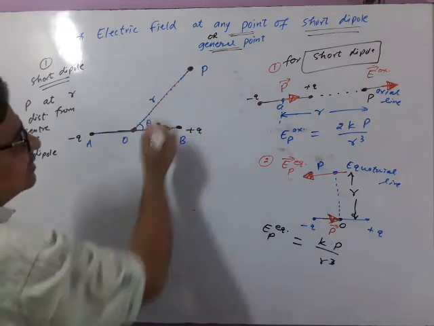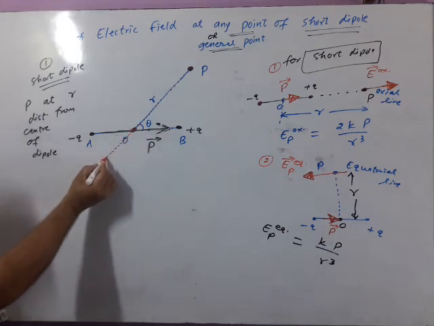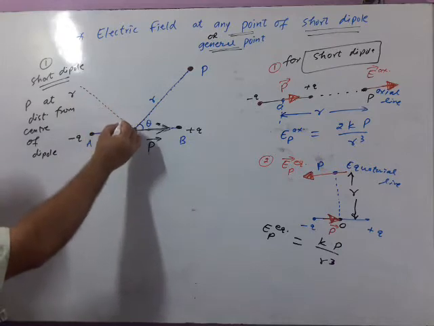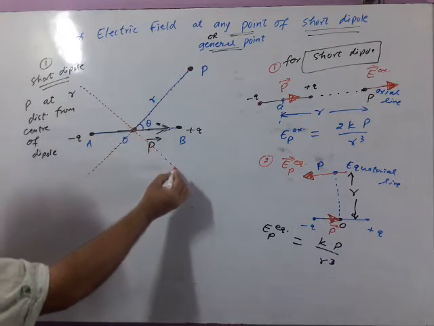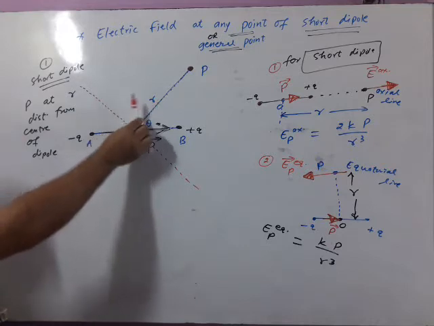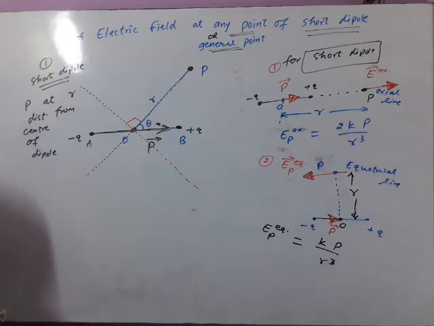This is our considered point. So draw one line parallel to this given question line and another line perpendicular to that. See the red color. This line is parallel to our given question axis and another line is perpendicular to that. Focus on these two lines.